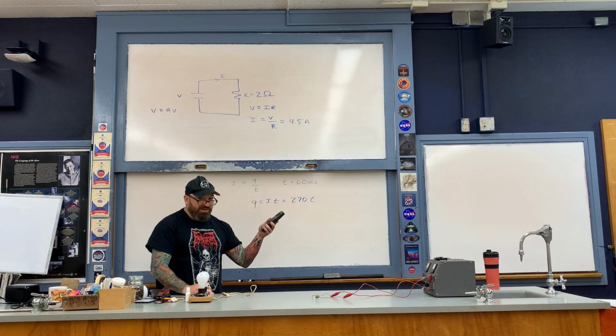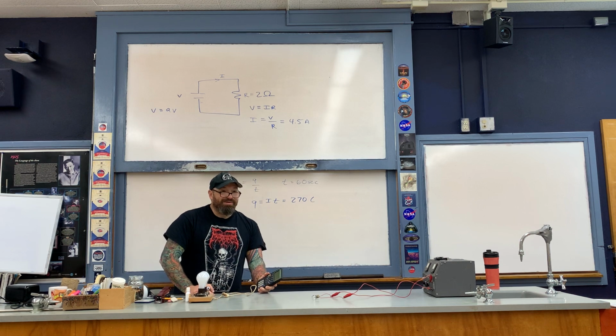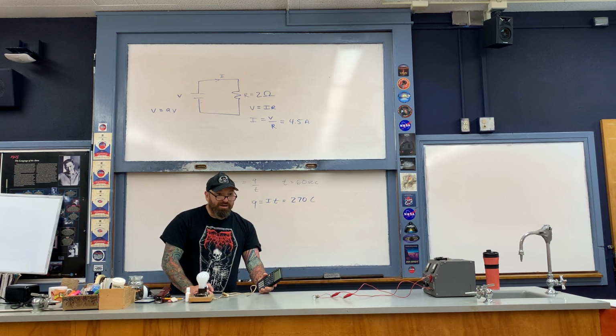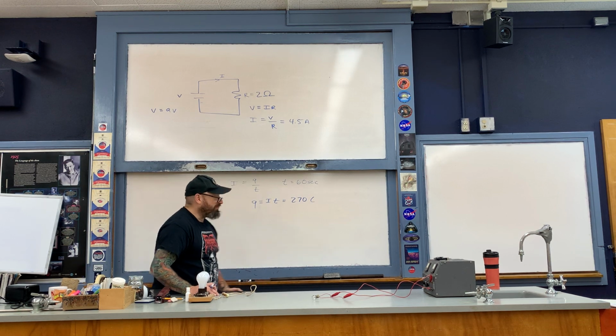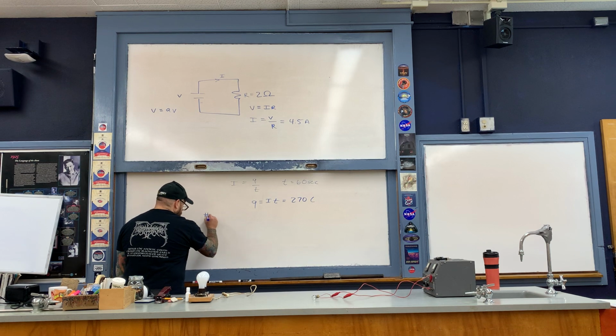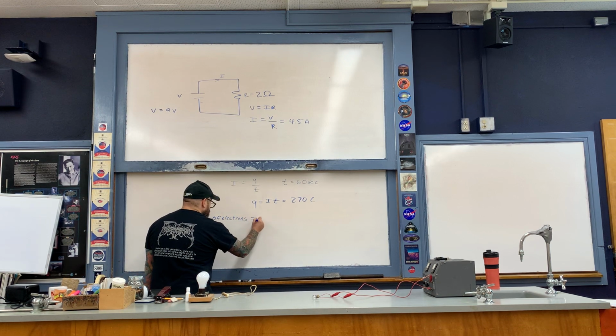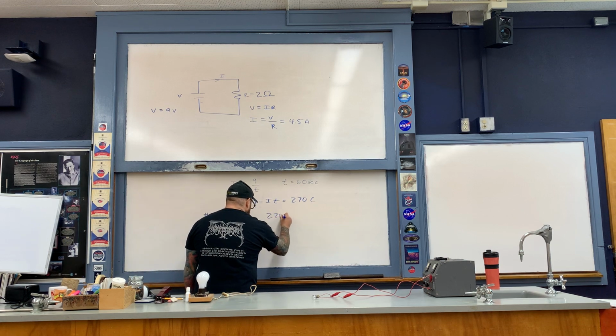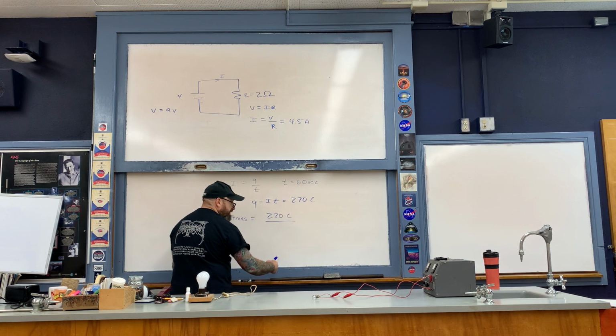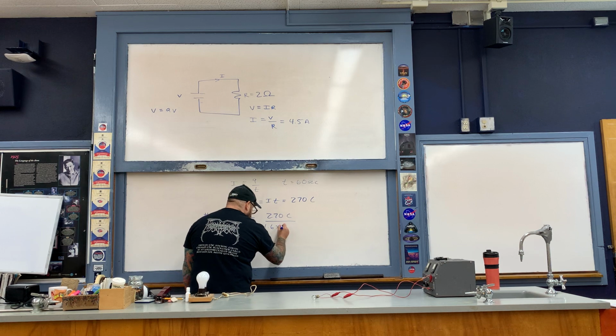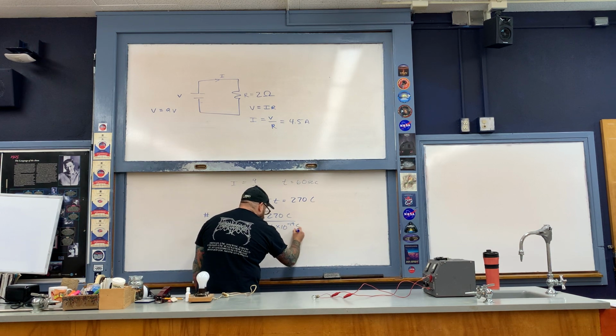Okay, as we'll see, this is a lot of electrons because the charge of an individual electron is only 1.6 times 10 to the minus 19 coulombs. So then therefore, the last portion of the process is to do the following. The number of electrons is going to equal 270 coulombs, and then I'm going to divide by 1.6 times 10 to the minus 19 coulombs per electron.